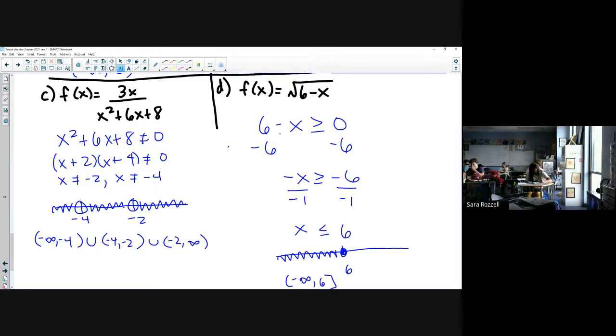And you can always check it with test numbers. The good numbers are the ones that are less than 6. So if we pick something more than 6, it would give us a negative, right? That's what we don't want. Something that's more than 6 would be negative, right? 6 minus 7 is negative 1. That was pretty perfect.